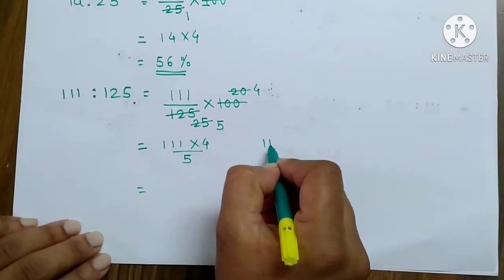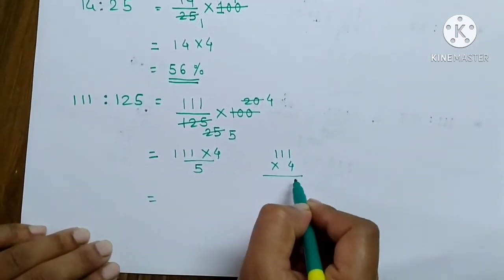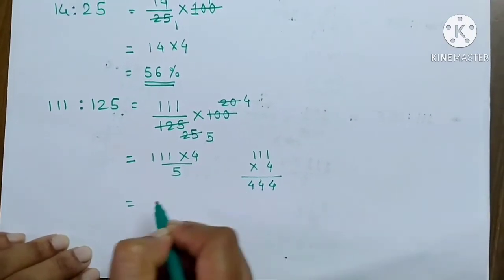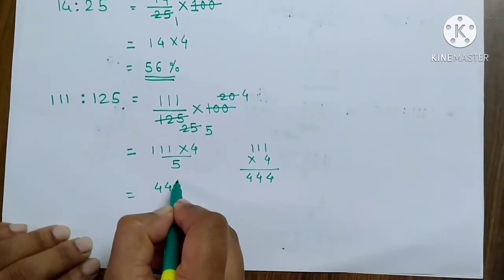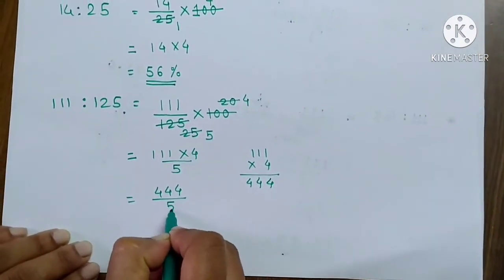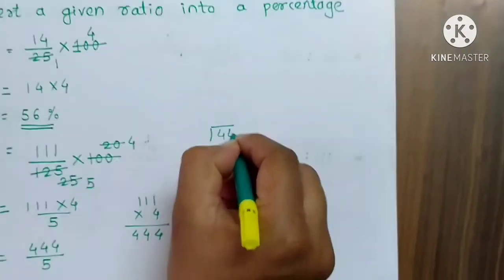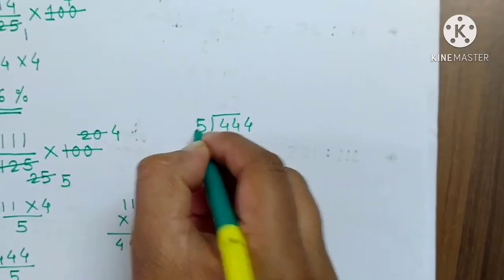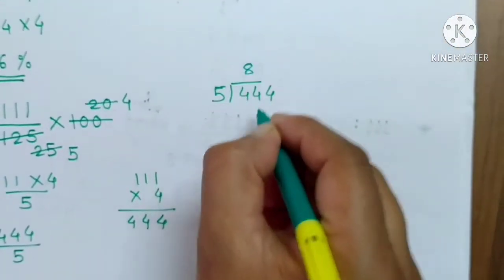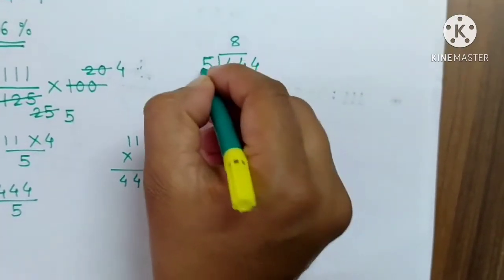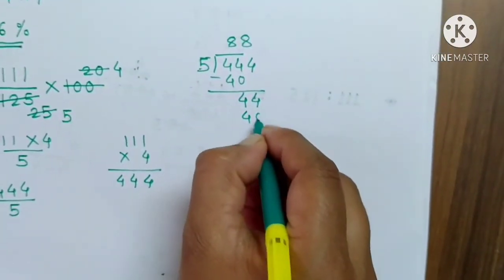So 111 multiplied by 4 is equal to 4 1s are 4, 4 1s are 4, 4 1s are 4. 444 upon 5. So I am going to divide this 444 by 5. 5 8s are 40. 5 8s are 40.